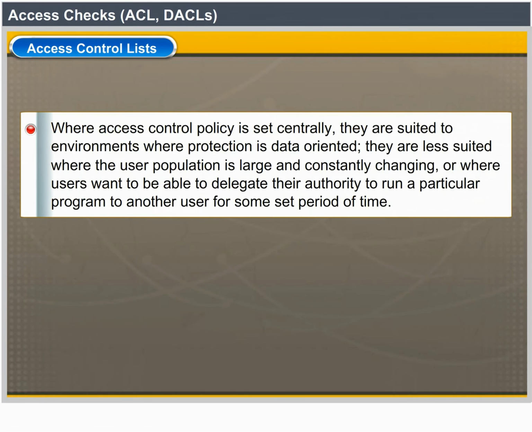Where access control policy is set centrally, they are suited to environments where protection is data-oriented. They are less suited where the user population is large and constantly changing, or where users want to be able to delegate their authority to run a particular program to another user for some set period of time.